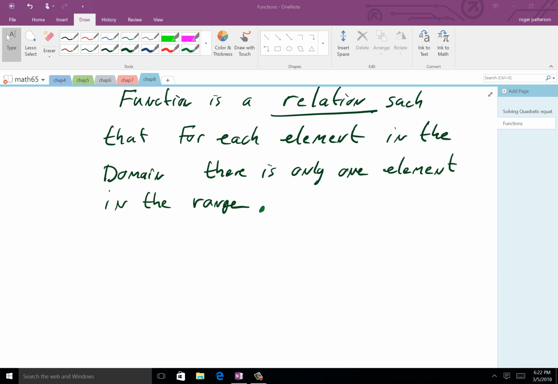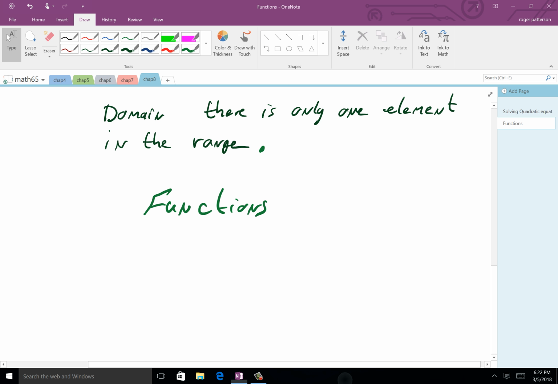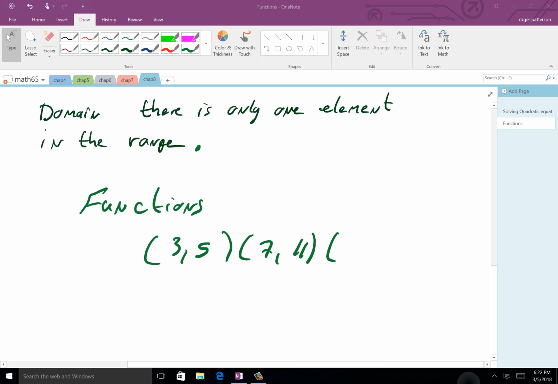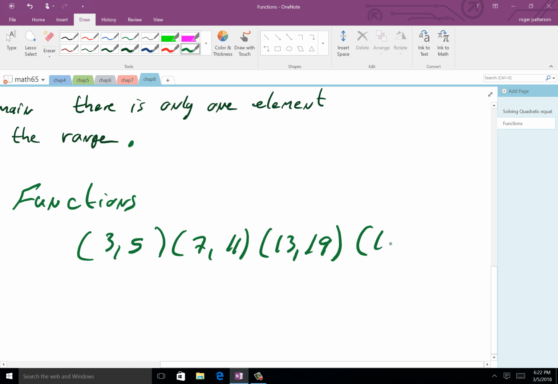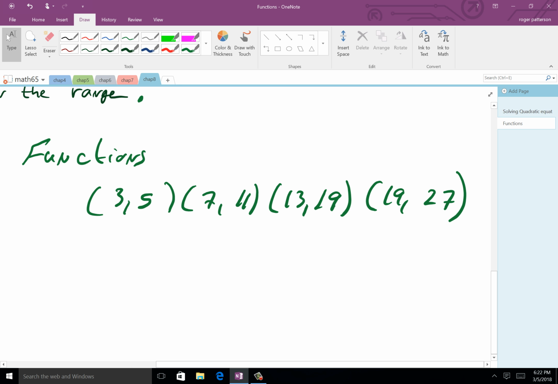So what are some functions? What do they kind of look like? Let's start out with some ordered pairs.